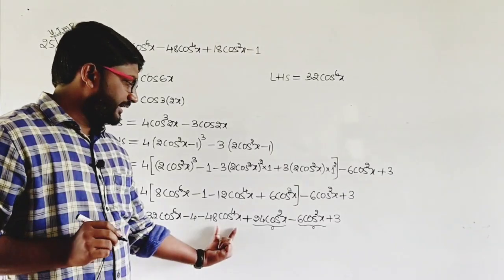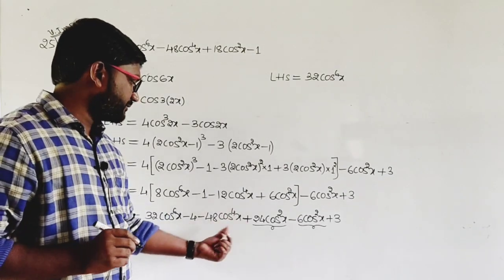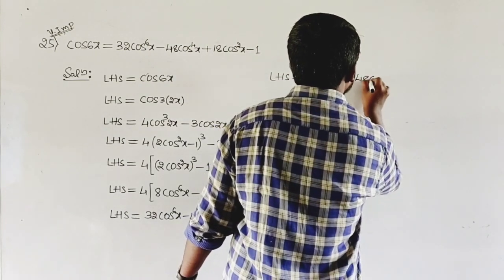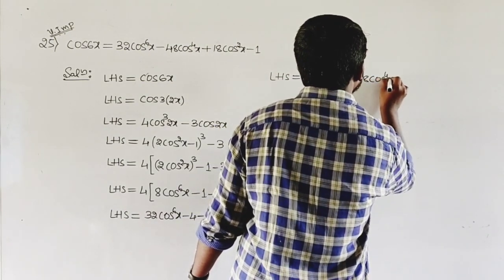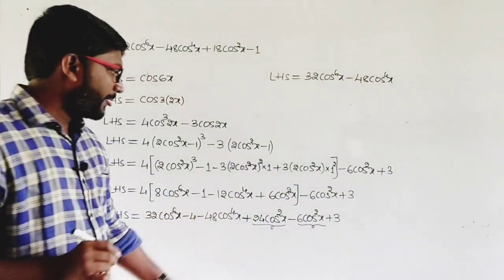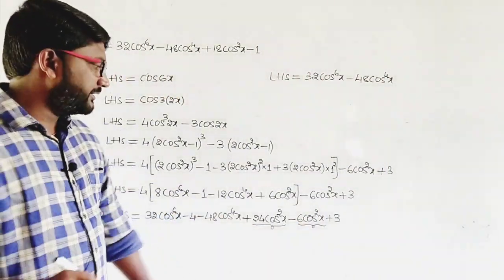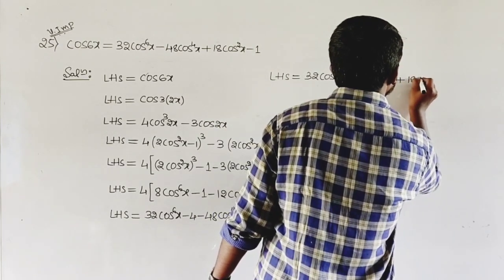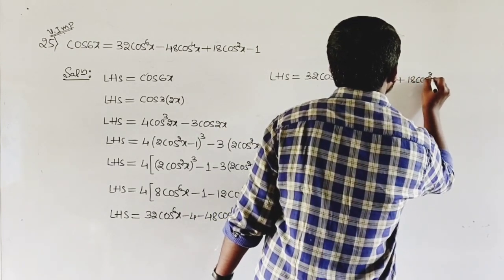Then the next highest power is cos raised to 4x, minus 48 cos to the power 4x. And then these two will be subtracted. We get plus 18 cos square x.